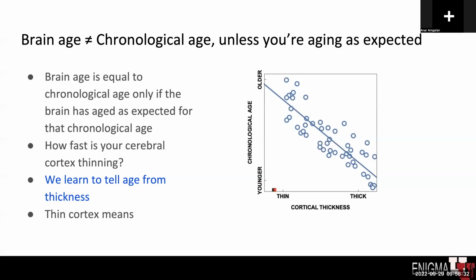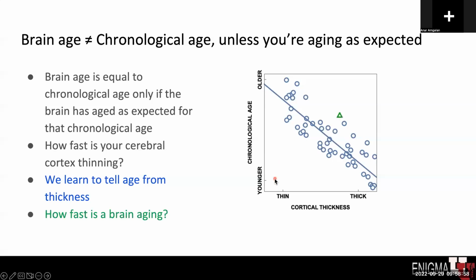We're asked, what is the expected chronological age of this person given their cortical thickness? We might learn that if they were exactly as expected from the population on average, we would get a chronological age like this, a very old person, because their cortex is very thin.